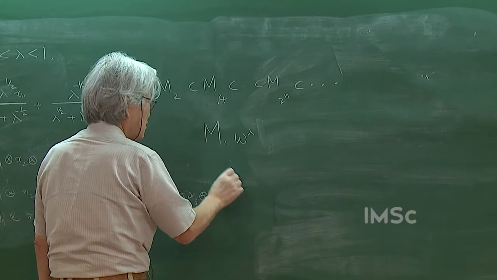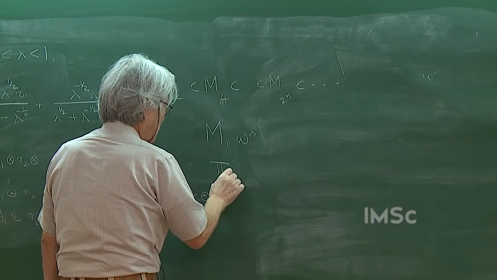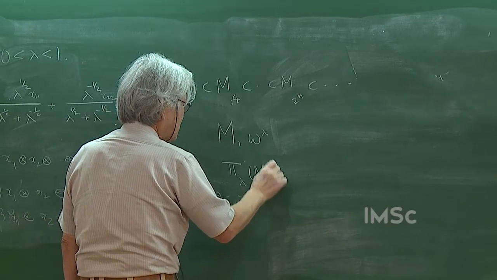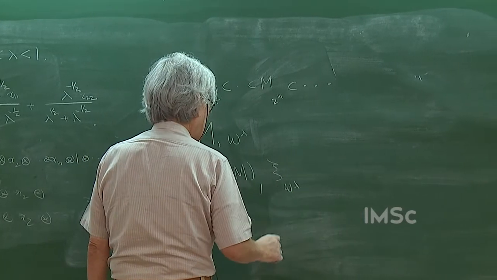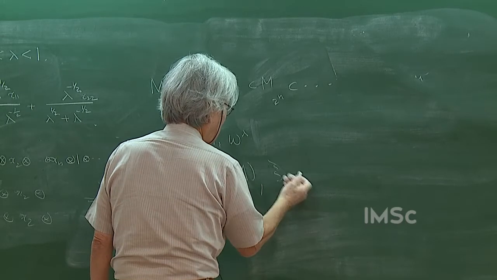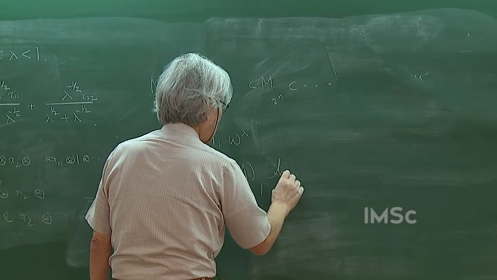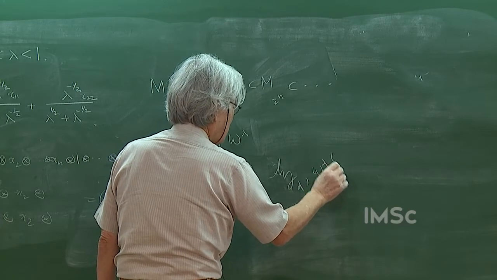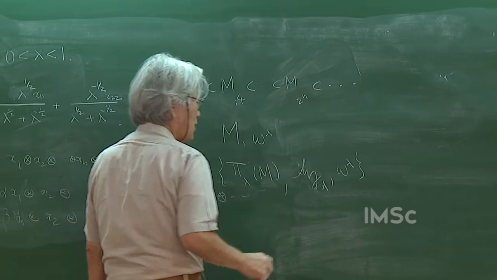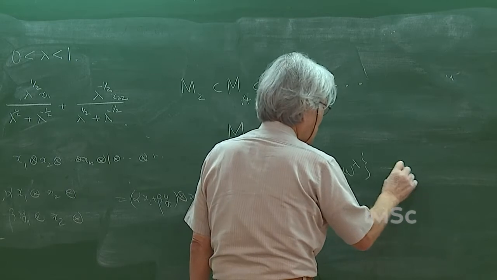So that means pi_lambda of M, xi, omega lambda. Well, a Hilbert space H_lambda by the GNS construction of omega lambda. Okay, and then make the weak closure.